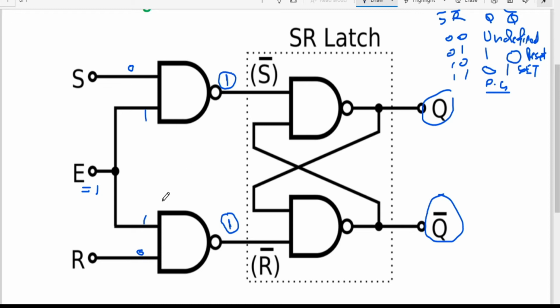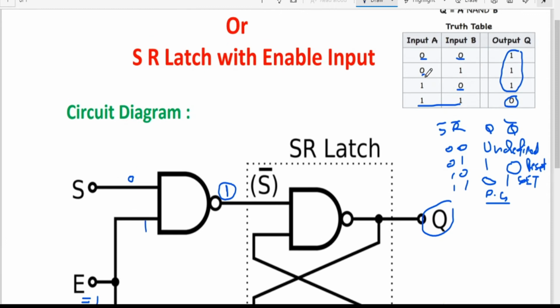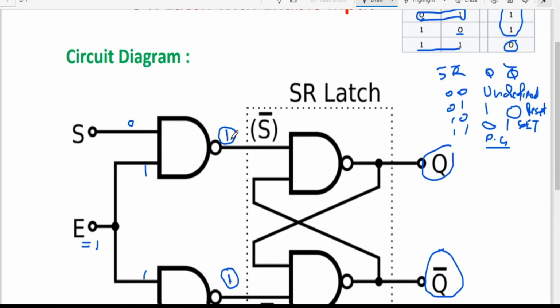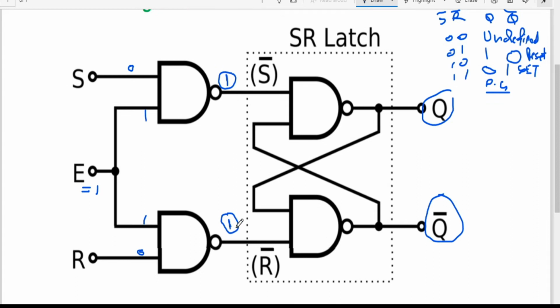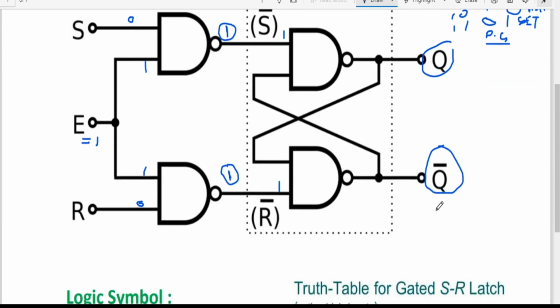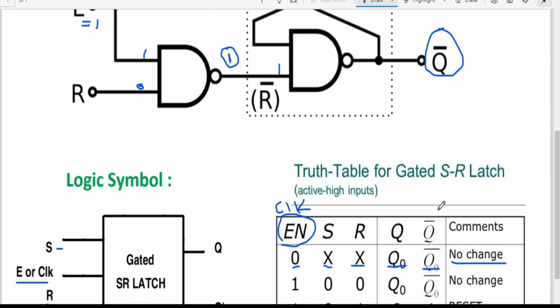Now here what happens? As we know for the NAND gate, when either input is 0, the output is going to be high. So the output of both NAND gates is going to be high. A high is going to the input of the SR latch, and again we retain the previous state.